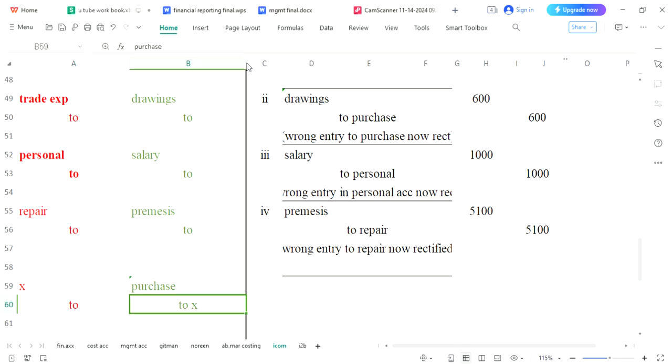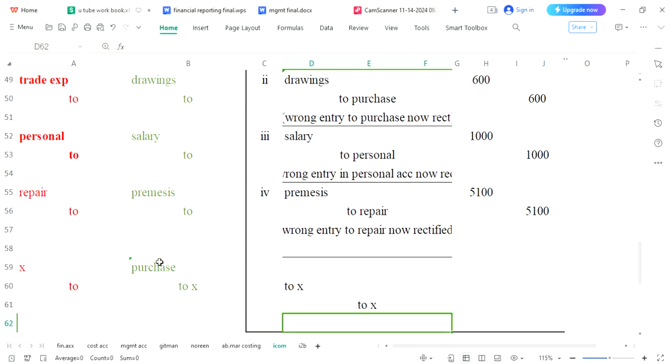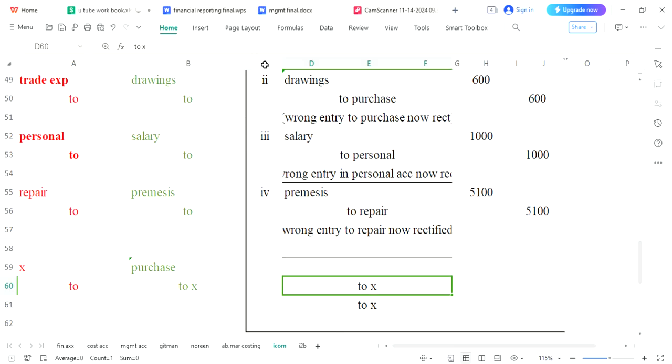So what you will do: X was supposed to be written on credit, we have not written it. To rectify it, we will write it. And secondly, X on the debit side, which was posted, was the wrong entry. To cancel its effect, we will again write it on the credit side. In this way, this mistake would be rectified. Double error would be solved with double amount. Now what will we write on the debit side? Please understand, the mistake was only in X. So we are not supposed to write purchase. Instead of that, we will write suspense account over here.